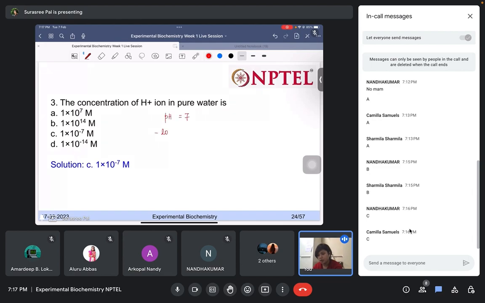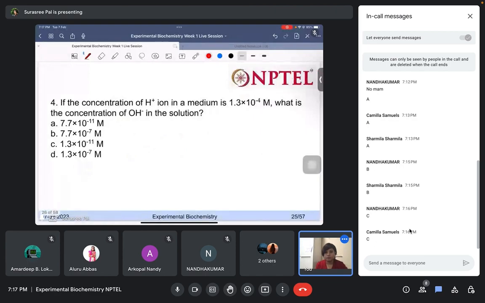So minus log of hydrogen ion concentration is 7, which means that the H plus ion concentration is 10 to the power minus 7 molar, which is C. Correct answer. Next question.